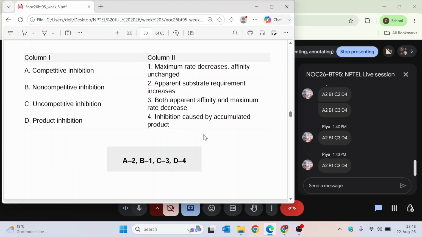Sometimes the product is going to be toxic to the microorganism, rather than only stopping the forward progression of the product formation reaction. It can also be toxic to the system. Let's say when acid production is happening, more acid accumulation not only gives a feedback inhibition but also plays a major role where the pH drops, and that could be detrimental to the microorganism itself. So all this is possible in product inhibition.